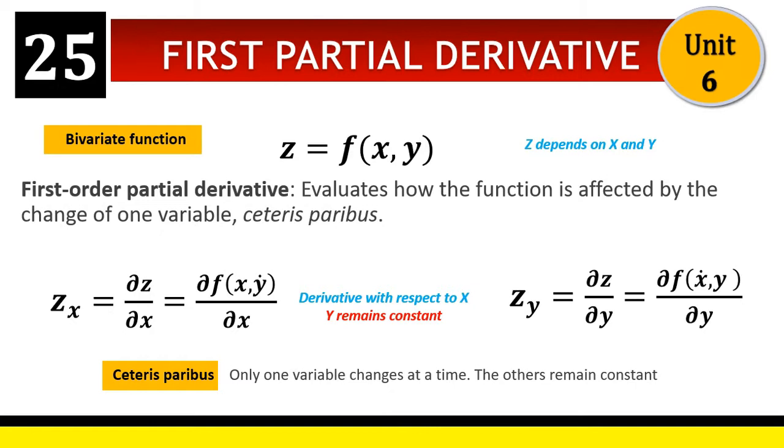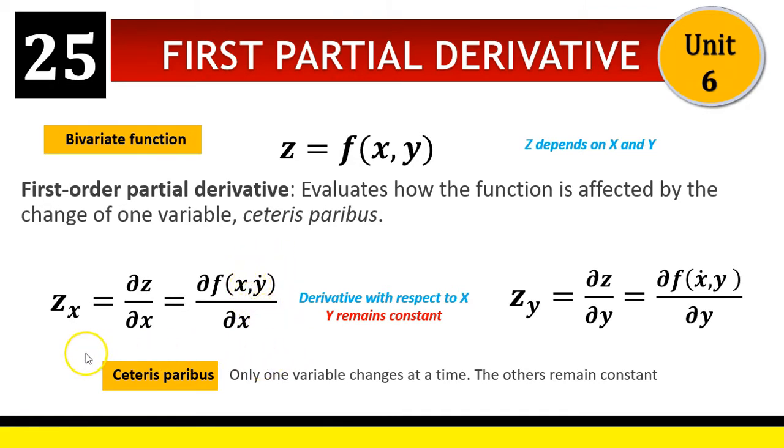Here, we will apply the same principle for the bivariate function. However, in order to obtain the first order derivative, the other variable will remain constant.